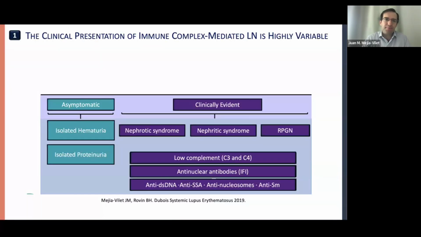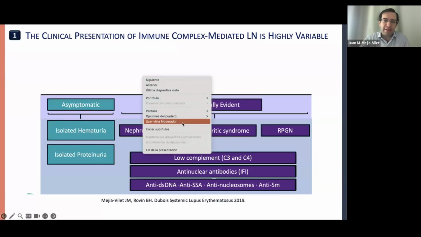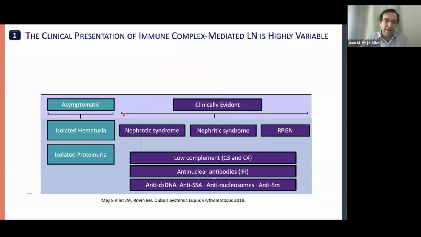The first one is that the clinical presentation of the immune complex mediated lupus nephritis is highly variable. It can go from an asymptomatic disease manifested only by isolated hematuria or proteinuria in the urinalysis to a rapidly progressive glomerular nephritis or a nephrotic syndrome.